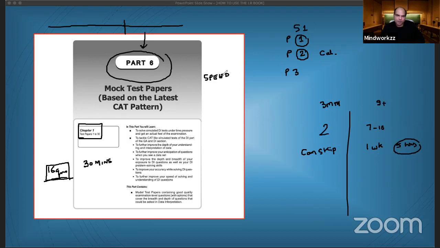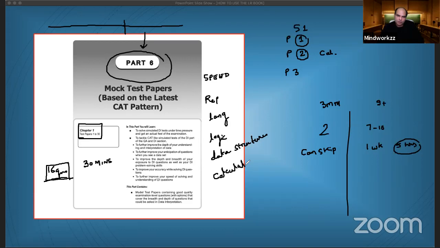What happens in DI, especially in traditional DI, and this will also happen in logical, is that you'll start seeing a repetition of language, logic, data structures, and calculations after some time.